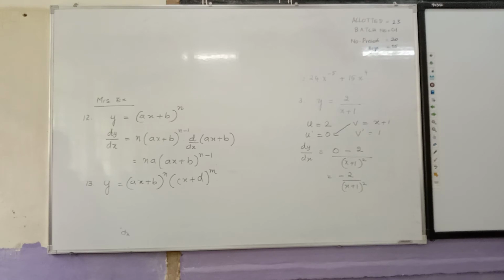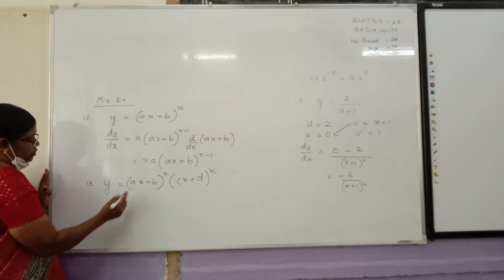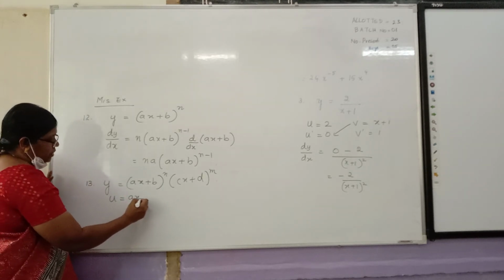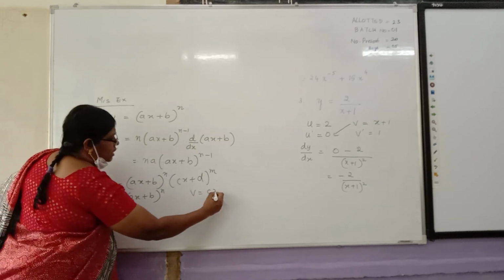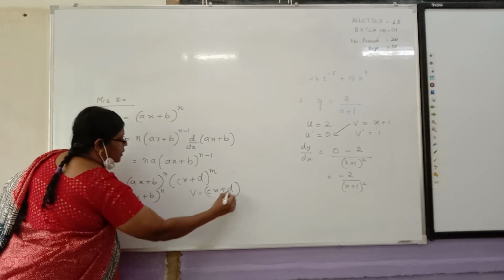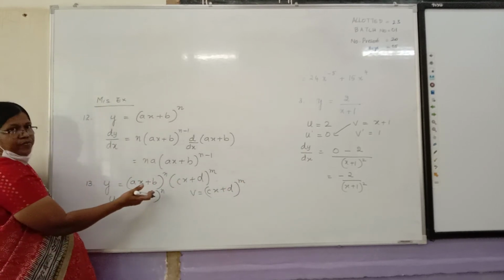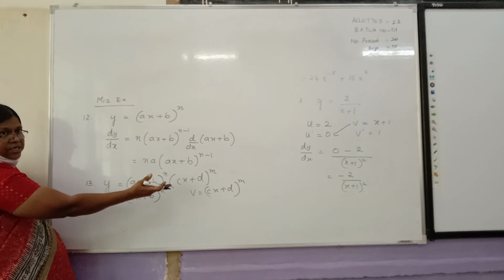Okay, what rule will apply? First the product rule, and in that product rule you have to apply the chain rule, since power is there, no? So first we take u as (ax plus b) the whole power n, and v as (cx plus d) the whole power m. The same thing only, what you have done for this, but the letters are changed.